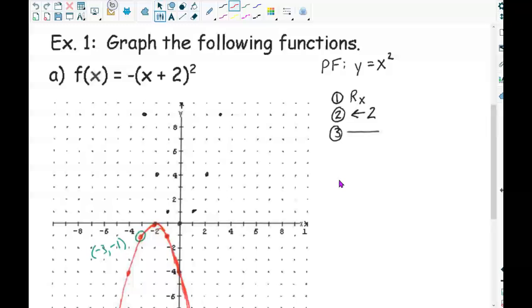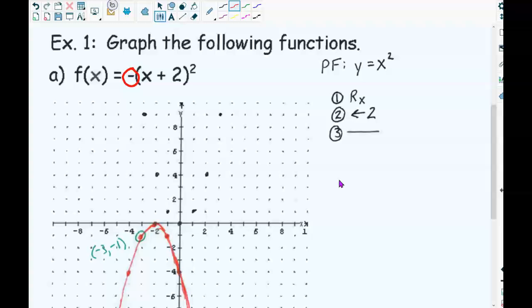Okay, so negative, correct? That tells me it's going to be reflected across the x-axis, agreed? That's a +2, which means it's going to go which way? Left 2.